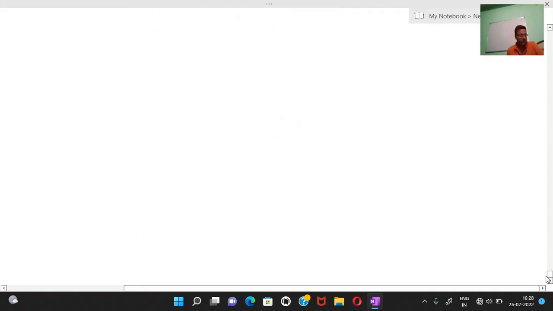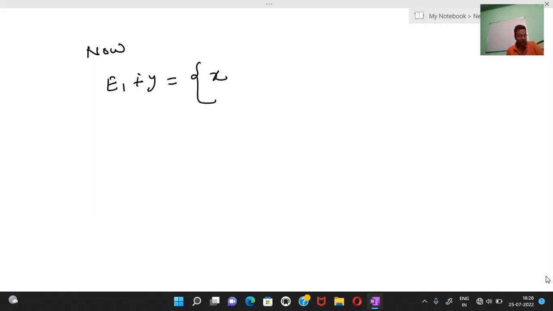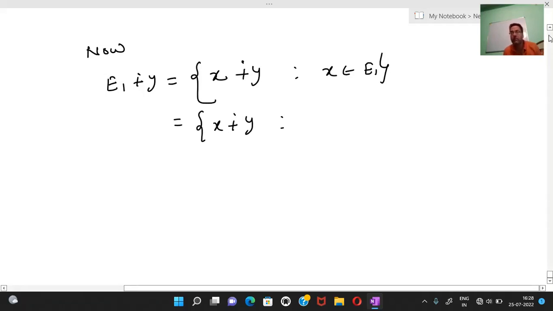Now we will see E1 plus-dot y equals x plus-dot y such that x belongs to E1, which is the definition of translate modulo 1. Here we can see that x is less than 1 minus y, because E1 equals E intersection [0, 1 minus y).